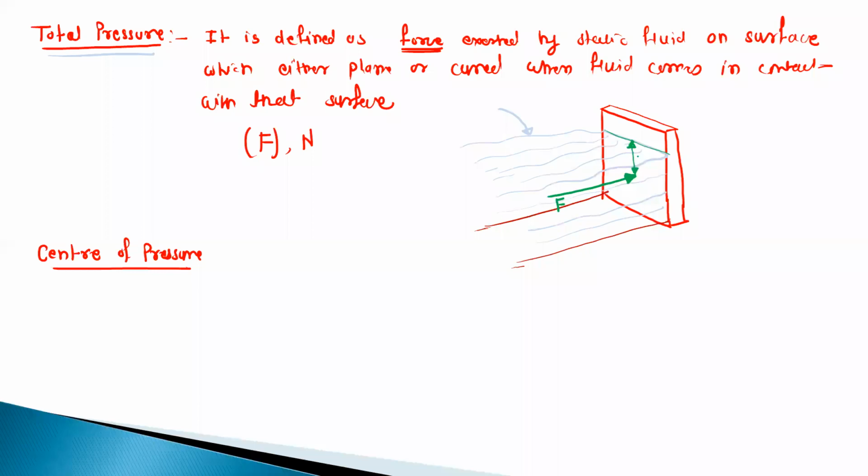Center of pressure is denoted as H star. So the definition of center of pressure is the point of application of the total pressure on the surface.